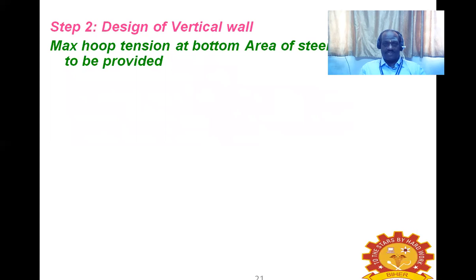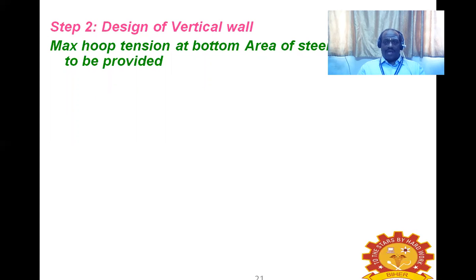So step 2, we are going to design mainly starting with the vertical wall. And we have been given the condition that the joint is flexible with the base slab.